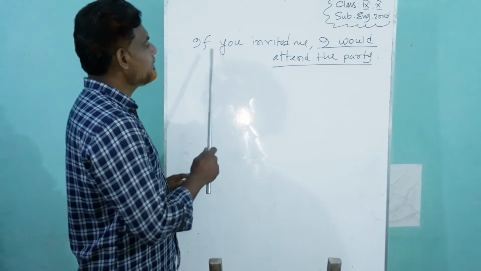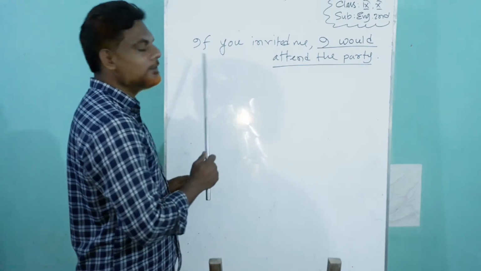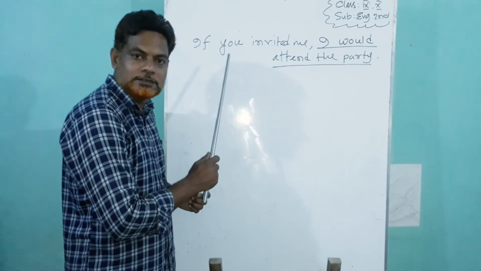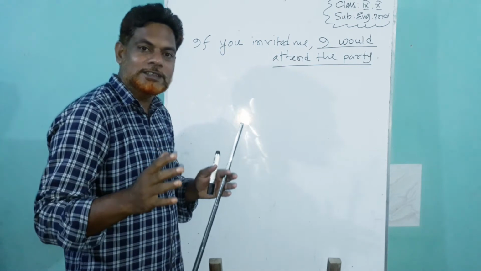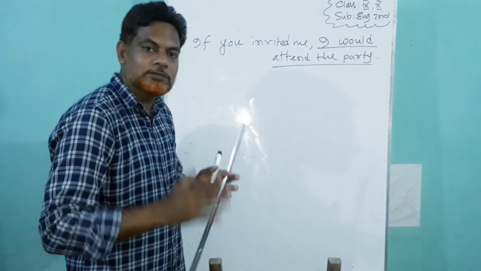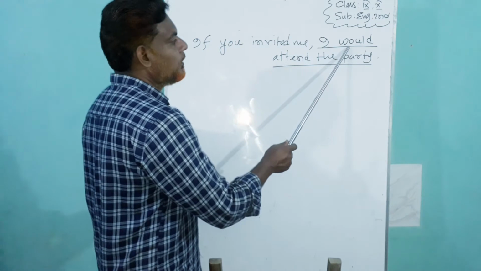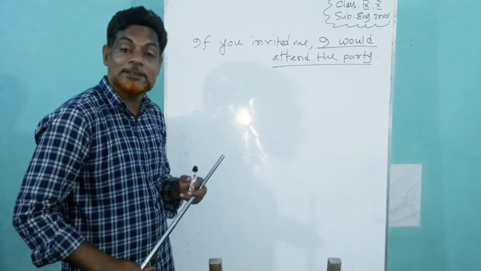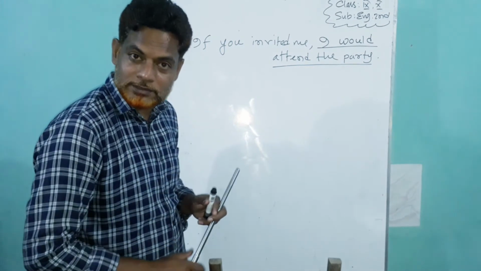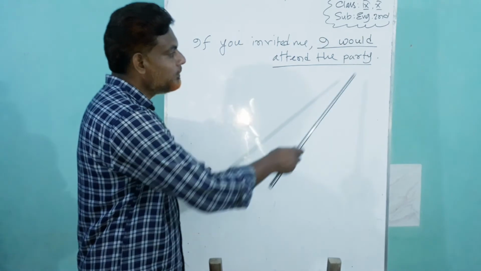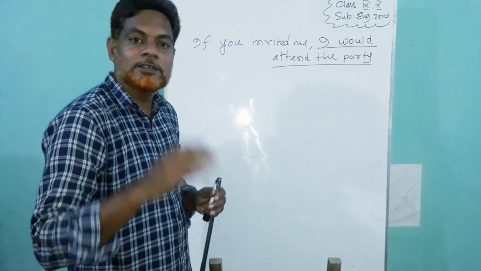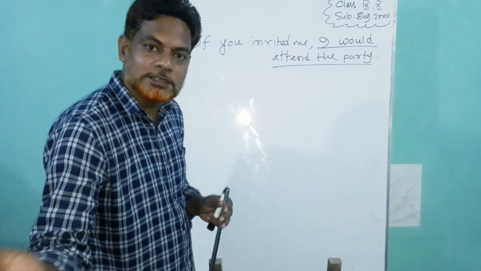Because the subordinate clause is in second condition. If the subordinate clause is second condition, we have to write would or could after the subject in the principal clause. We have to make this principal clause future in the past.